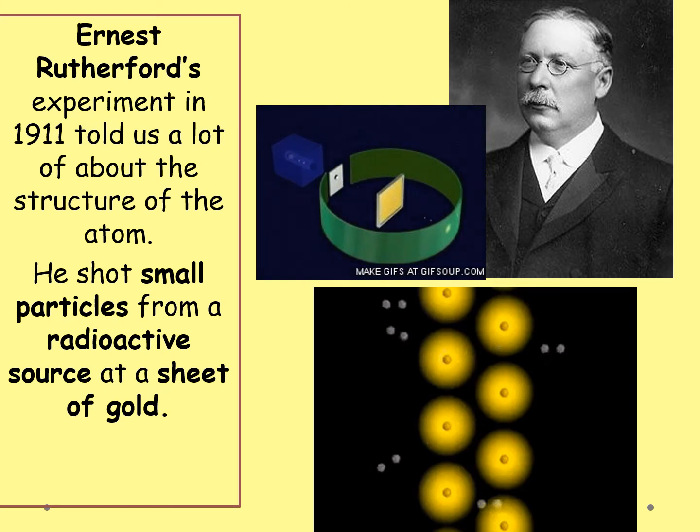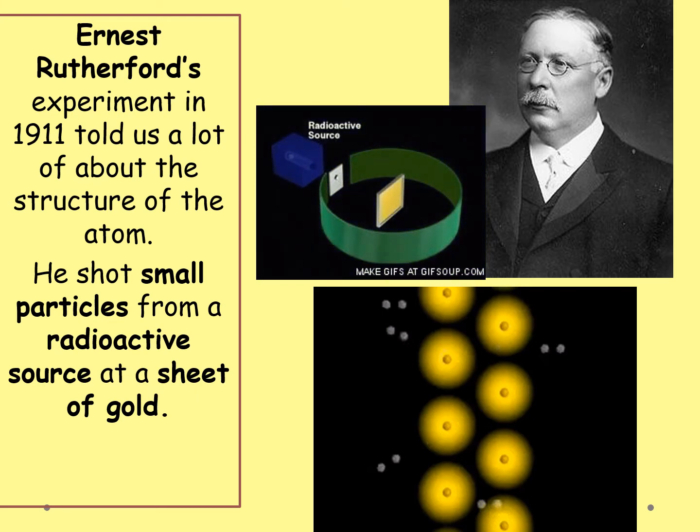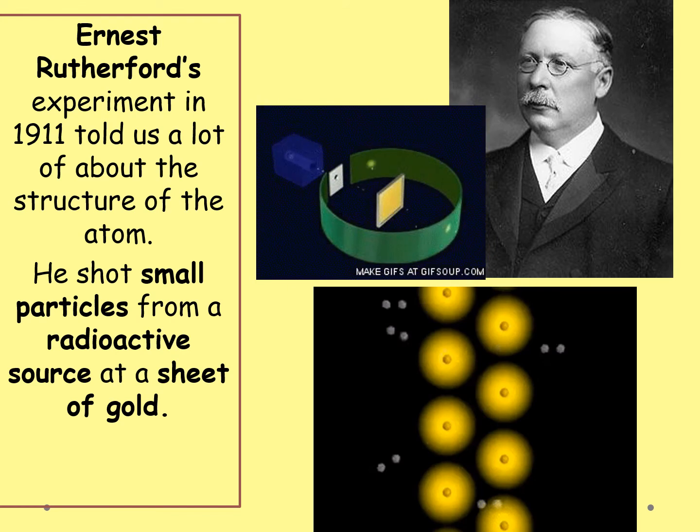They must be mostly made of nothing, and that's why the particles could go straight through them. So his experiment kind of blew apart the idea that atoms were like cakes and made of hard substances. His experiment suggested that actually, in fact, most of an atom is empty space.